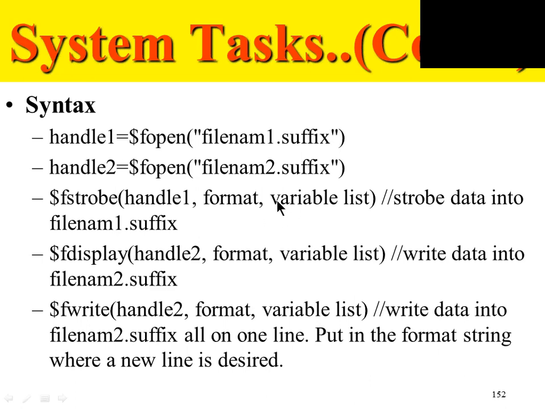So I can write a list of signals to this file handle, which is pointing to filename1, using this format, %d, %h, or %b or anything. $fstrobe will do it at the end of the time step. $fdisplay will do it whenever the $fdisplay system task is called. Now this is pointing to handle2, so file number two. $fwrite is similar to $fdisplay. Only thing is the new line character is not included.